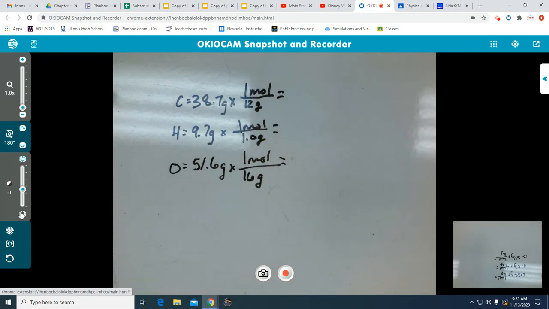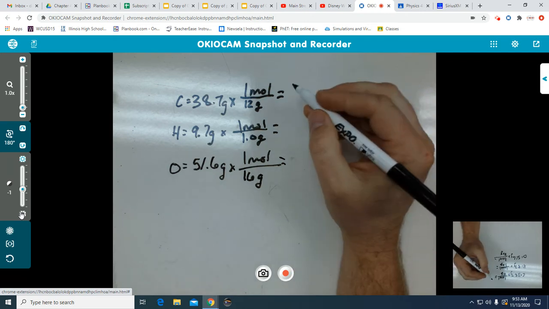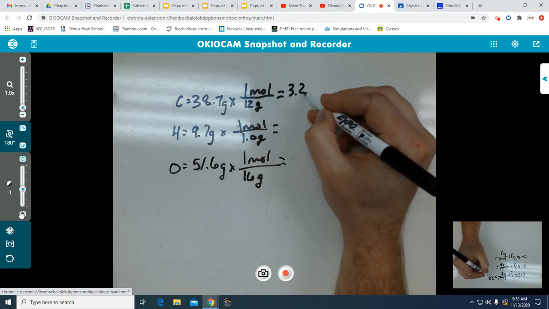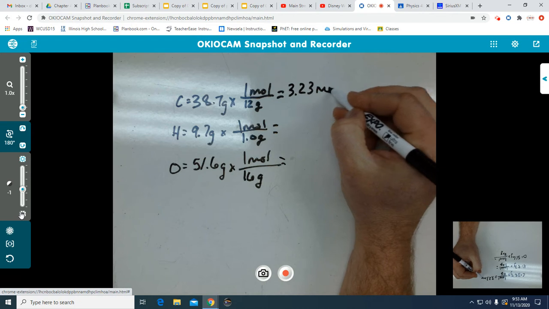So we'll go ahead and multiply it. At any point of this video, feel free to pause the video, do your own calculations, and restart the video to check as you need to. Okay? All right, so when we calculate the number of moles of carbon, we get 3.23 moles.